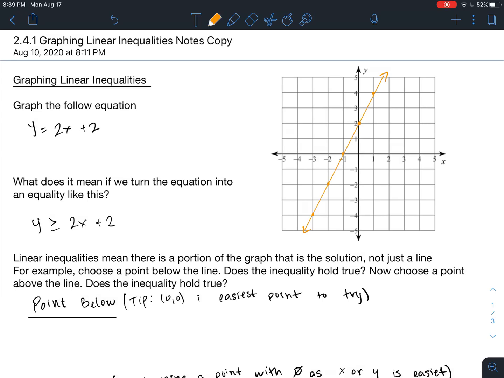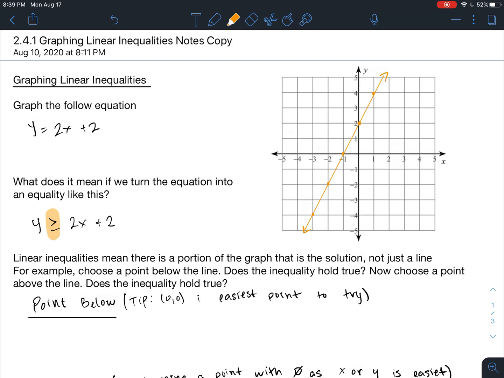But what if instead of an equal sign we threw in a greater than or equal to sign? What does that mean? What does it do? In order to answer that question, if we threw in this inequality, how do we know if this inequality is true or not?